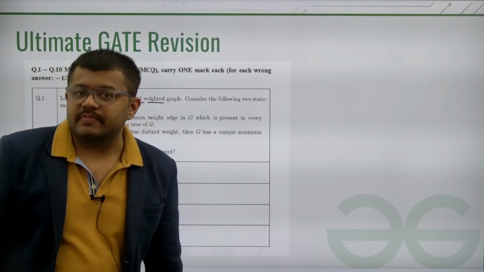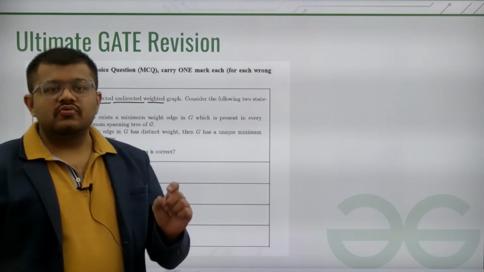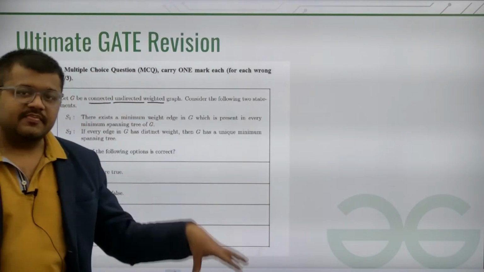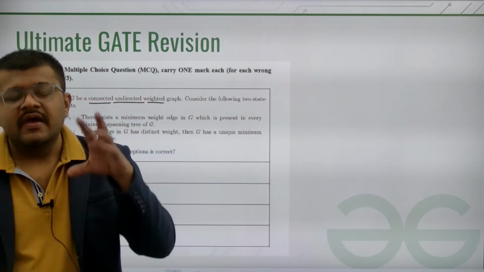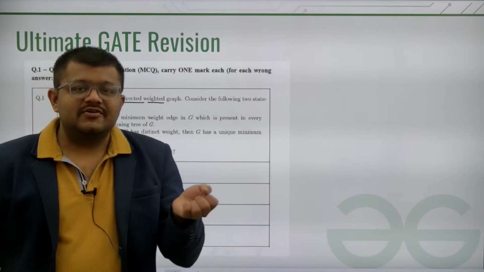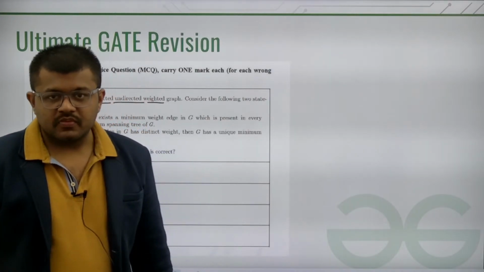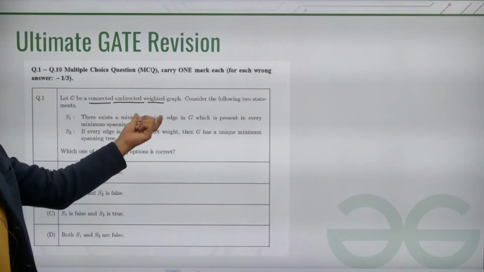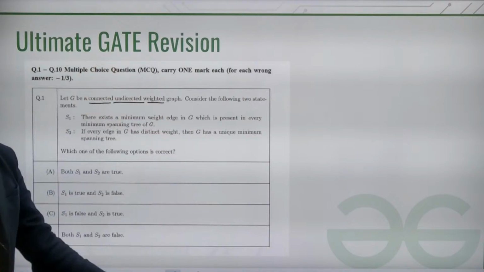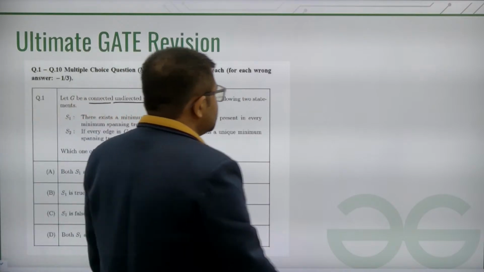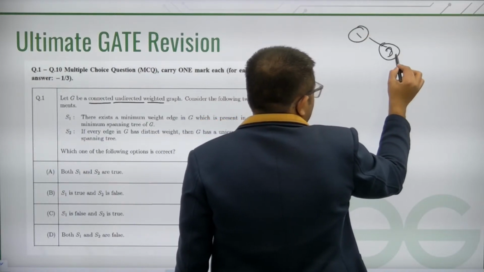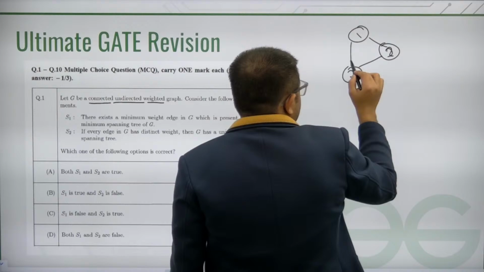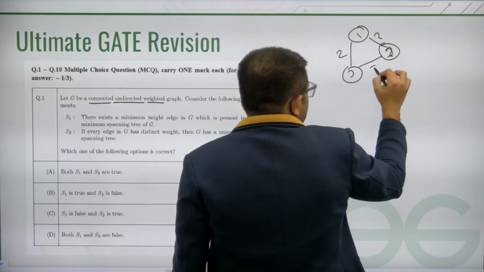What is a minimum spanning tree? It is a tree which is a subgraph of the given graph which contains all the vertices of the given graph, and the sum of weights of edges is minimum. But does there exist a minimum weight edge which will exist in each and every minimum spanning tree? No. Why? Let's say this is my graph with nodes 1, 2 and 3, and the edges have weights 2, 2 and 2.